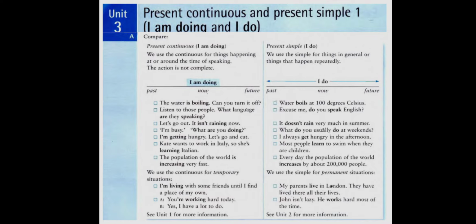He is playing, she is playing, she is studying, they are playing, we are playing, you are playing. On the other hand, present simple form is verb in the base form or verb plus s, es or ies.